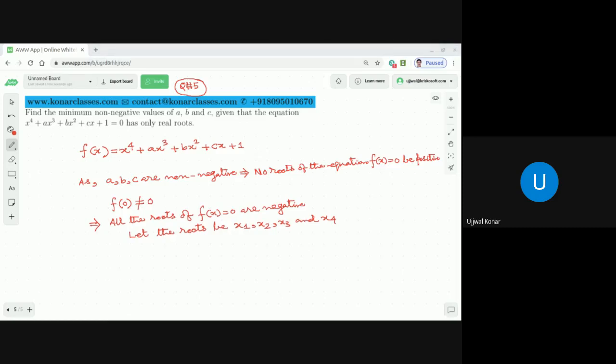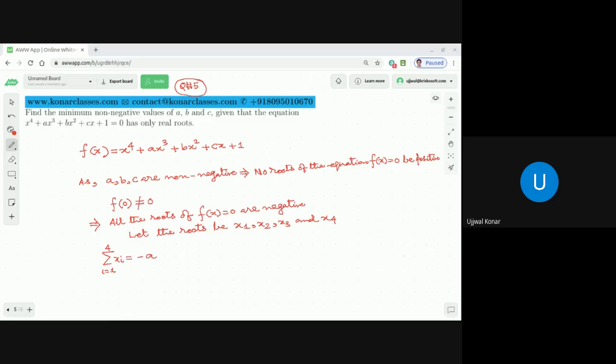Now, from the relationship between the roots and coefficients, what can we write? The summation of xi is equal to minus the coefficient of x cube by the coefficient of x power 4, that is equal to minus a, no? Relationship between the roots and coefficients.